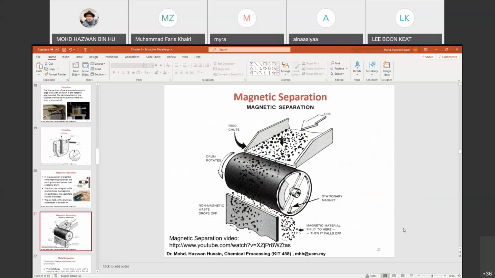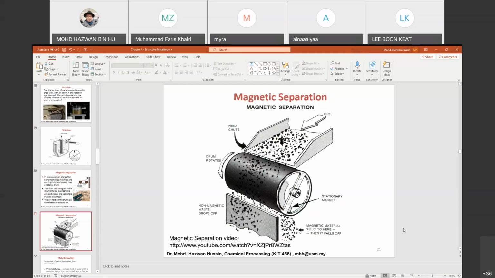So this is the principle of magnetic separation. The drum rotates and is equipped with magnets. The ore is put into the feed, and during the rotation process the ore can be easily extracted. It will attach to the drum.